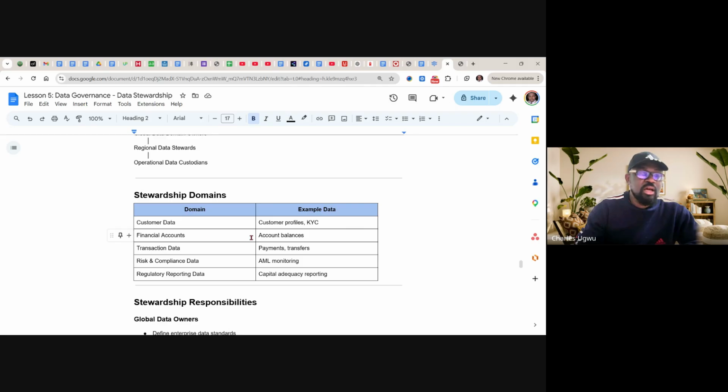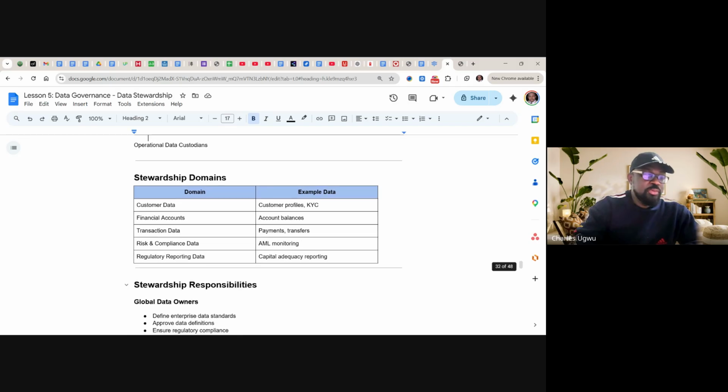Under financial account, account balances, transaction data, payment and transfer. Risk and compliance data: AML monitoring. AML is anti-money laundering. And regulatory reporting data: capital adequacy reporting.